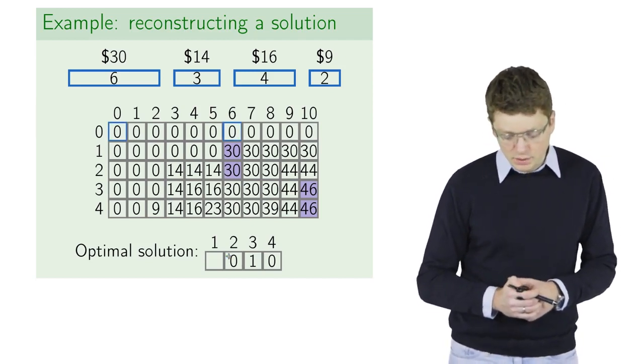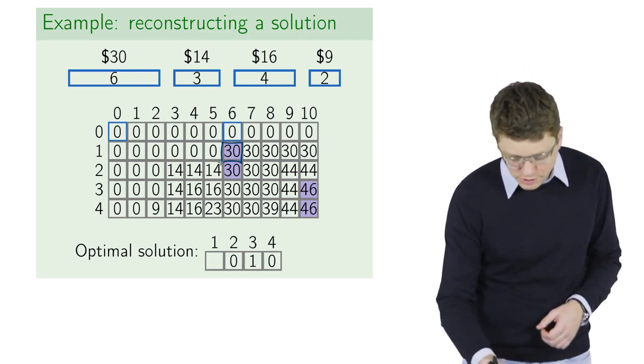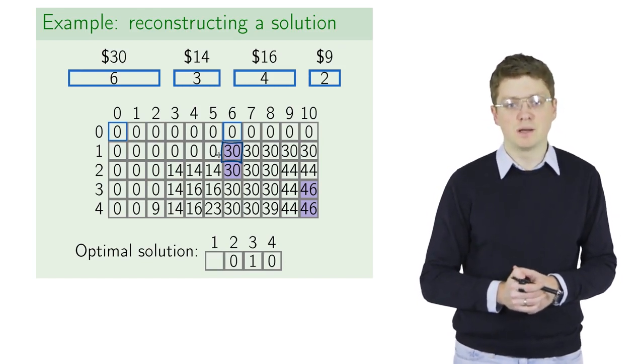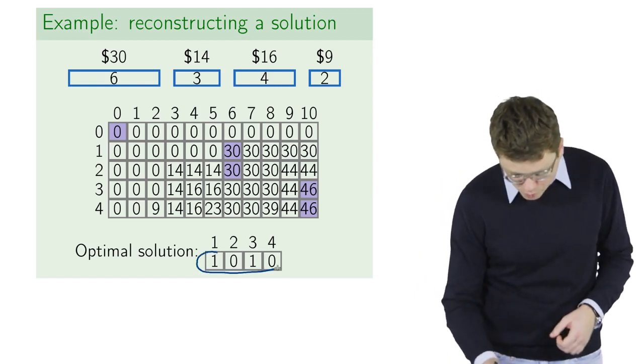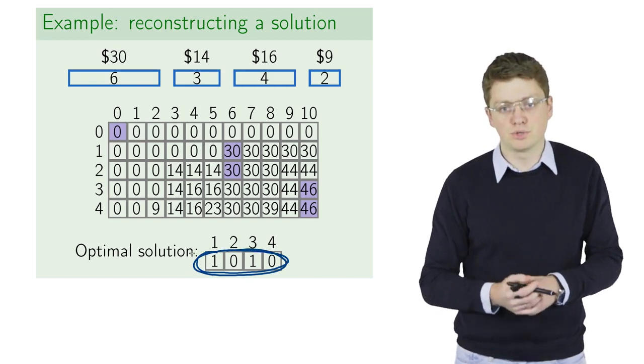Okay, and finally we realize that we arrived at this value 30 from the left upper corner, right? So this way we reconstructed the whole optimal solution.